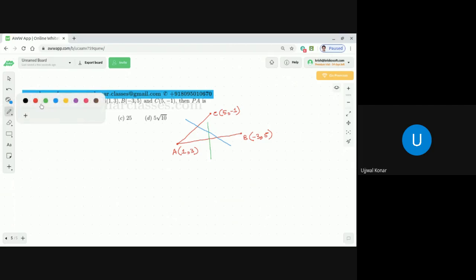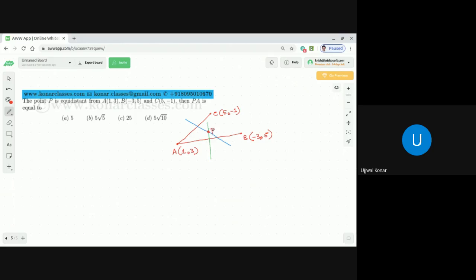Then the point P has to be the intersection of these perpendicular bisectors in order to have equidistance from the points A, B, C. Correct? Now, how to find the coordinate of this point P?